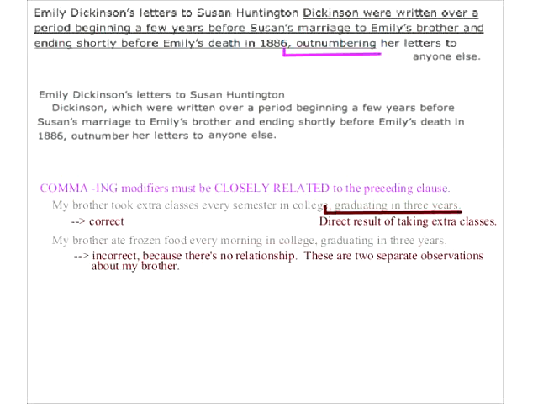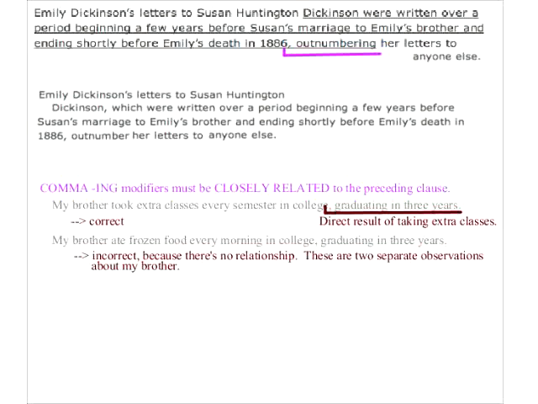Okay. So here's more on comma ing. If you want to know more about what kinds of relationships that you're supposed to have, you guys can click on that link that's in the window.